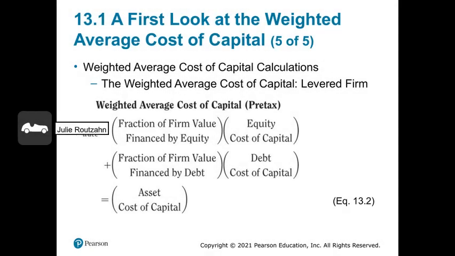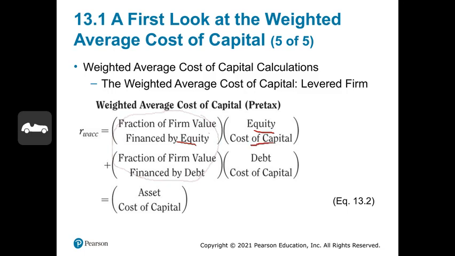So this equation is not nearly as confusing as it may look right now. But we're going to take the fraction of the firm's value that's financed by equity and the fraction of the firm's value that's financed by debt. The two of these things have to add up to 100%. We're going to take each one and multiply it by its corresponding cost. So the fraction of the firm that's financed by equity, we're going to multiply by the equity cost of capital.